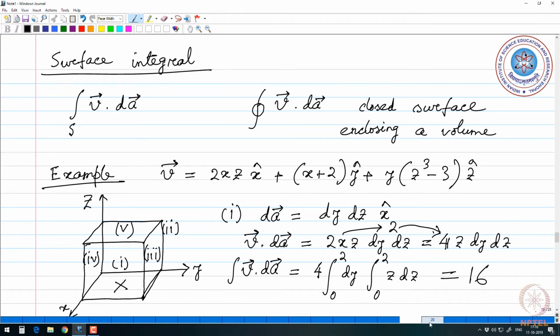Similarly, we will perform integrals over all the other surfaces. For surface 2, we will have x equals 0.